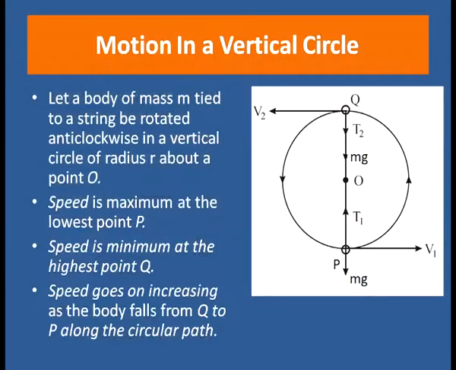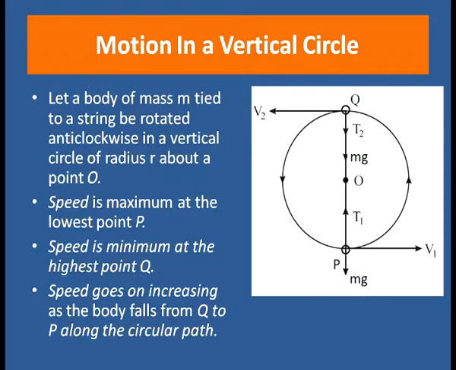For that, let us consider a body of mass m tied to a string and rotated in an anti-clockwise direction in a vertical circle of radius r about a point O, where O is the center of the vertical circle.